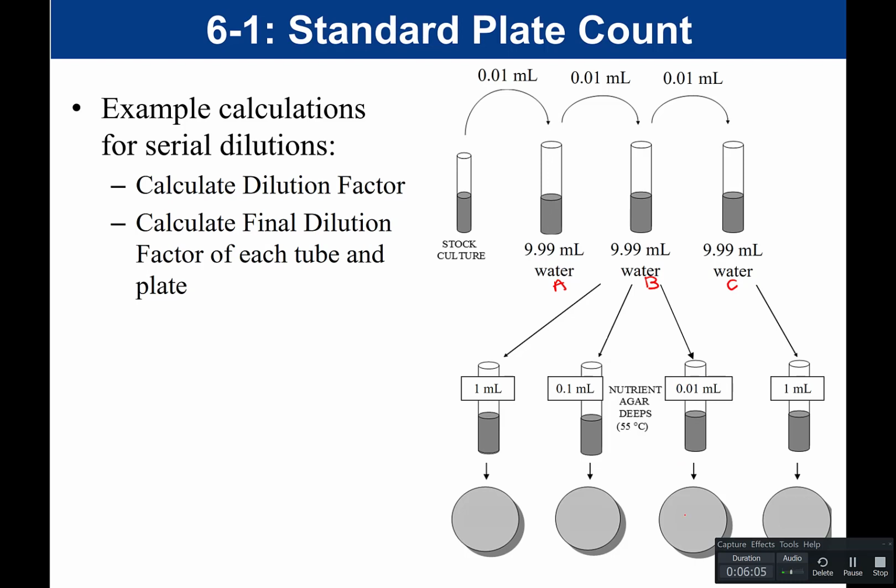So this is a chance for you to get some practice and make sure that you understand how to calculate your serial dilutions. How do you calculate your dilution factors? How do you calculate your final dilution factors? I want you to do this before our Zoom meeting, and then I will put you in a group and you will discuss your results with your group and see if you came up with the same answers. And so practice your calculations.